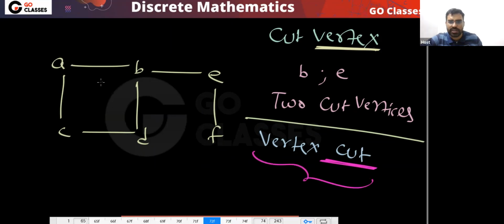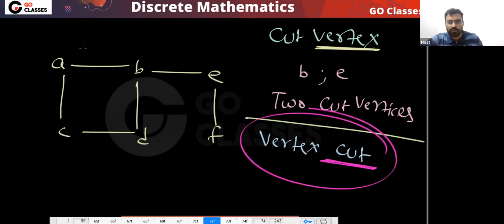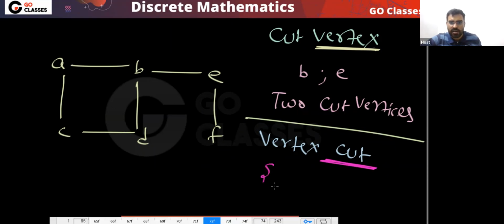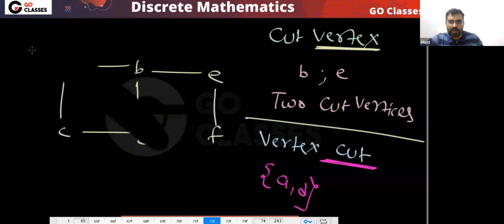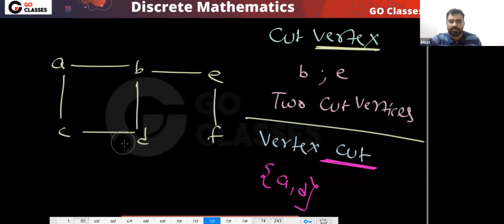Vertex cut is a set of vertices whose removal will disconnect the graph. For example, this set of vertices, A, D.